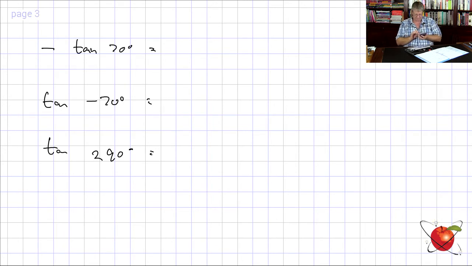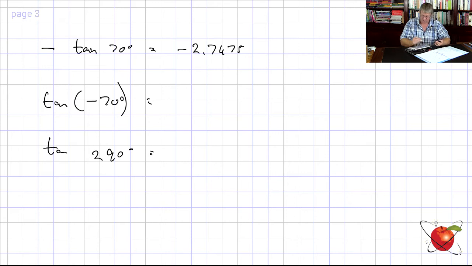Minus 1 times tan of 70 degrees is minus 2.7475. Let's look up the tangent of minus 70. Tan minus 70 is minus 2.7475. Tan of 290 is minus 2.7475.